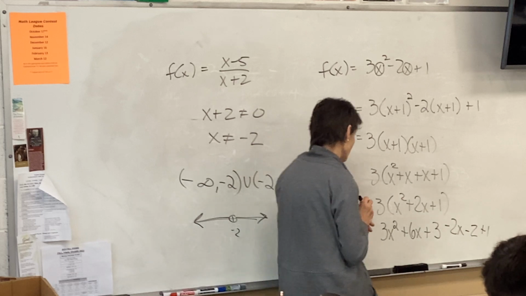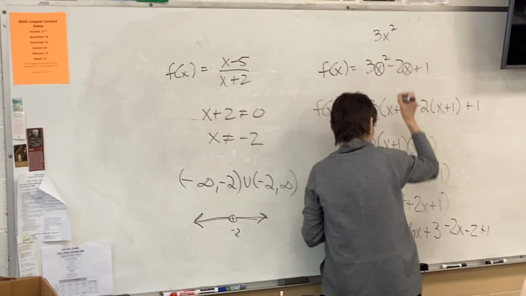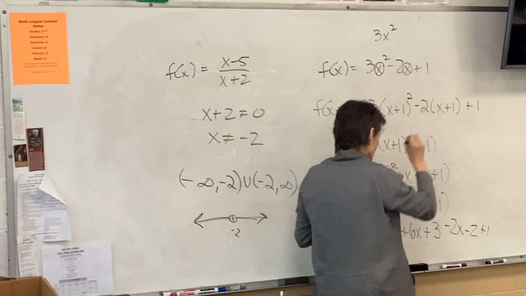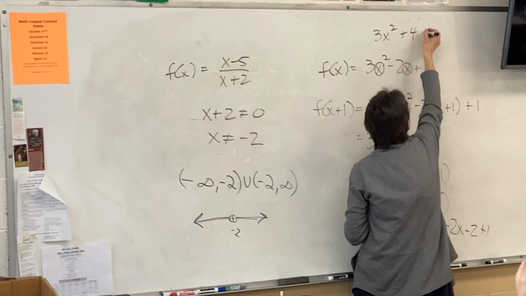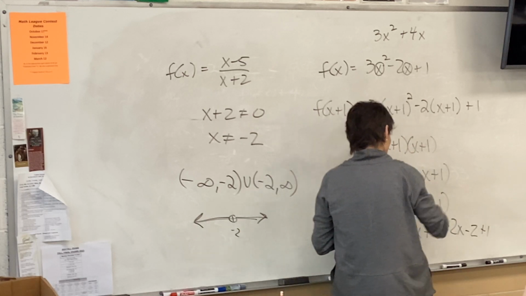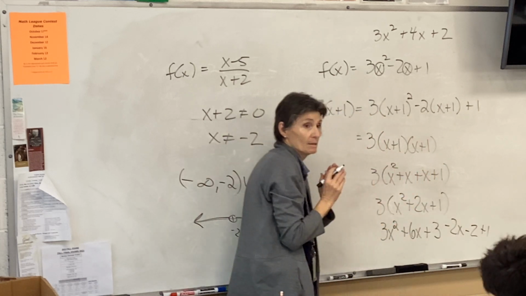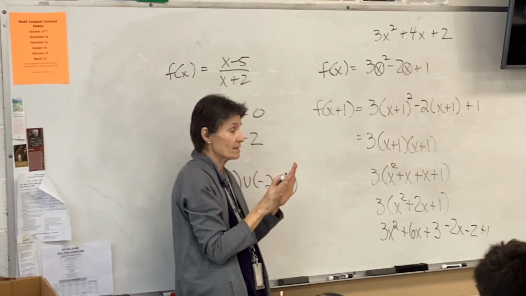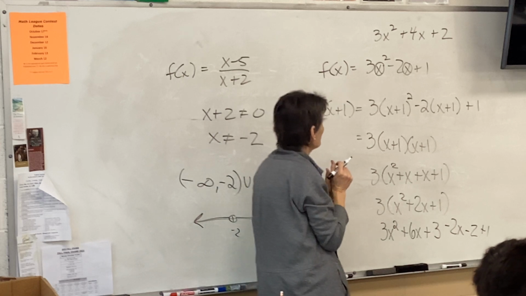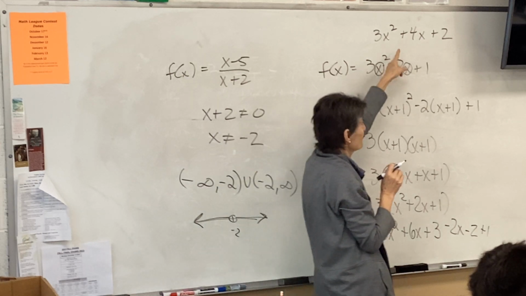So what's my final answer? 3x squared plus 4x plus 2. And that's it. Don't do anything else. Your job was to figure out what happens when you plug in x plus 1, and that's what happens.